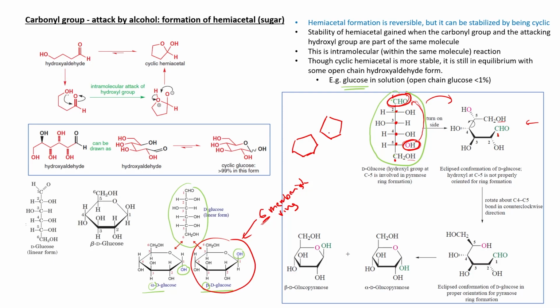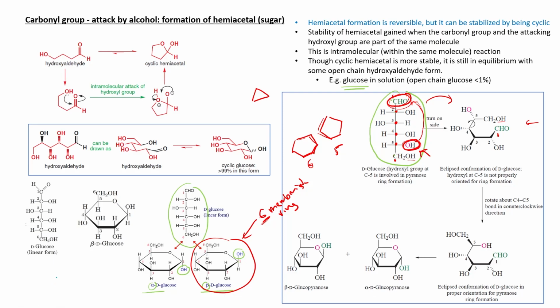Rarely will you find a 3-member ring or more than 6 or 7. It's either 6 or 5. Maybe you can have a few others like a 4-member ring, but not as many as the 6-member and 5-member rings. That's the reason this hydroxy group is the one that will attack the aldehyde group.